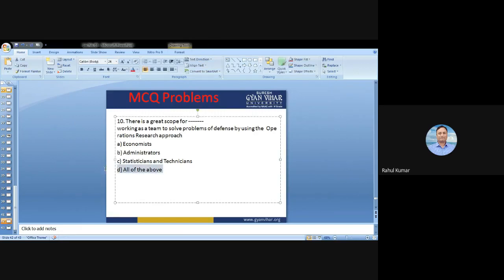The correct answer for the question is all of the above. All types of persons use operation research, and these are economists, administrators, statisticians, and technicians also. Right? So this is the correct answer for this question.